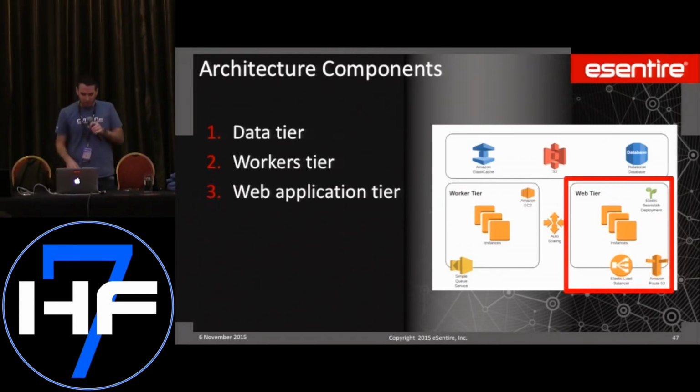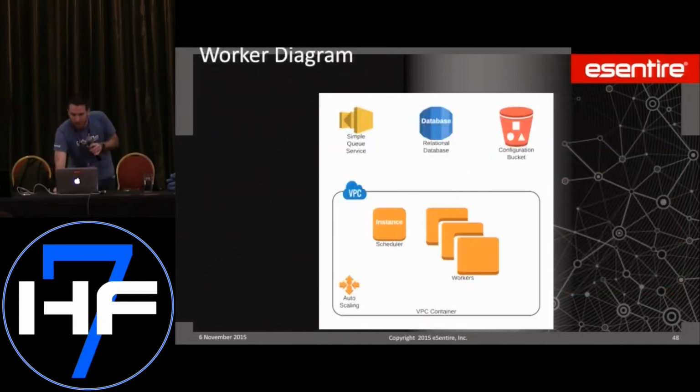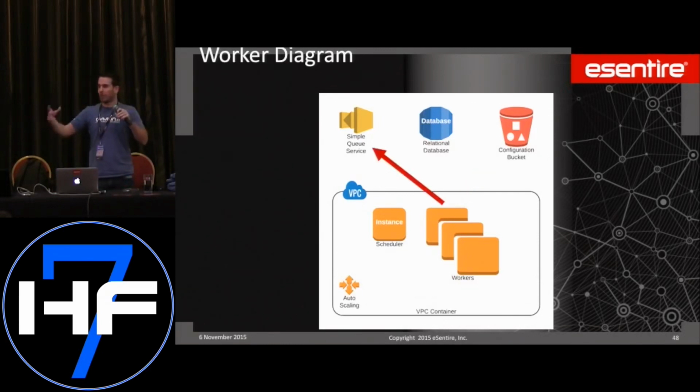So let me show you very quickly how the worker works. The machine wakes up, it connects to S3 to download the configurations like database passwords and so on. Then it'll connect to a central queue system. If you want to have multiple machines doing different types of work, but all reporting back together, you need some sort of a queuing system.